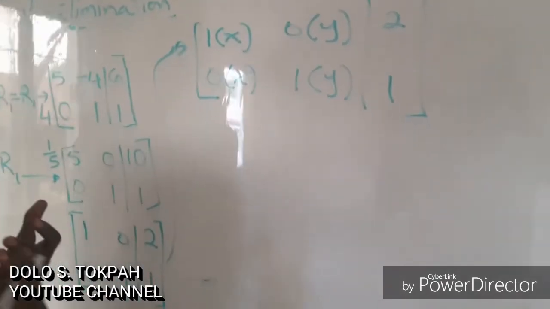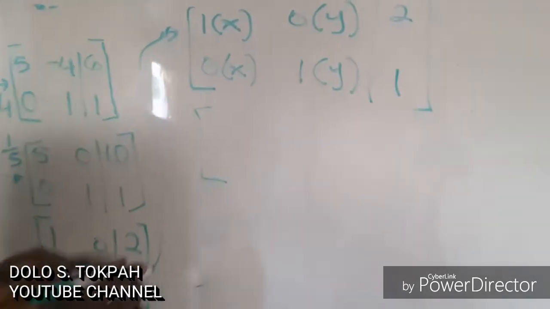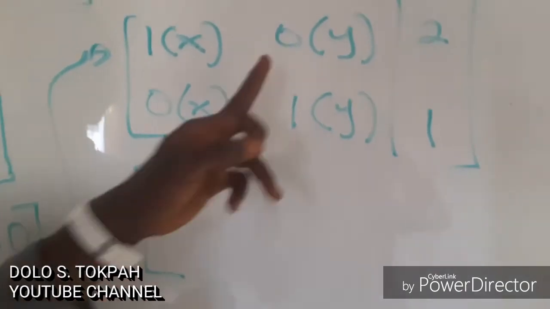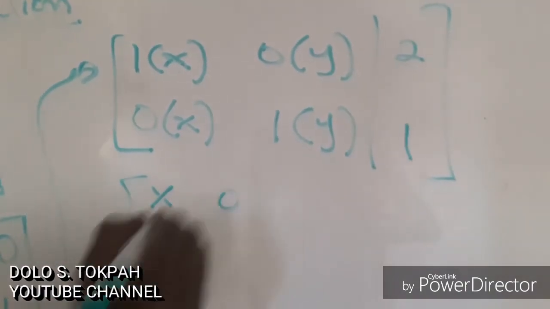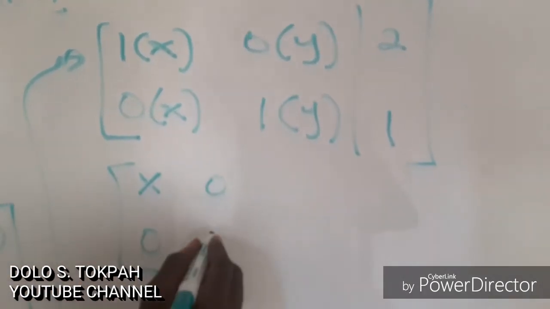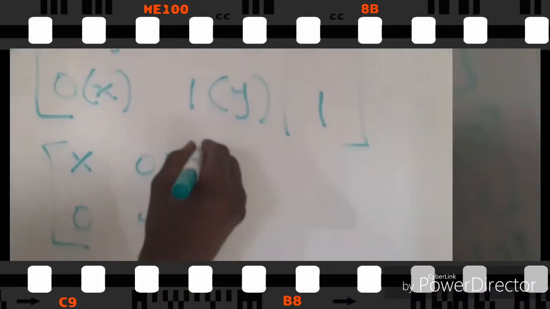When you're done with this, it's very simple now to understand. We draw our matrix sign again. We say 1 times x will just give us x. 0 times y will give you 0. 0 times x will just give you 0. 1 times y will give you y. We draw it: 2, 1.